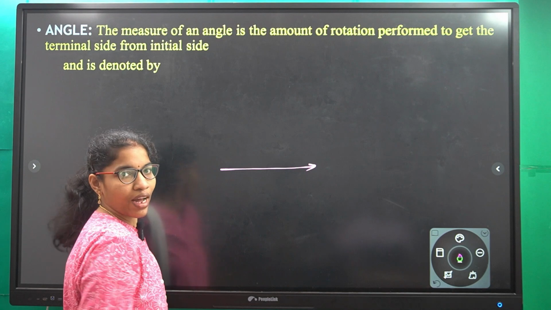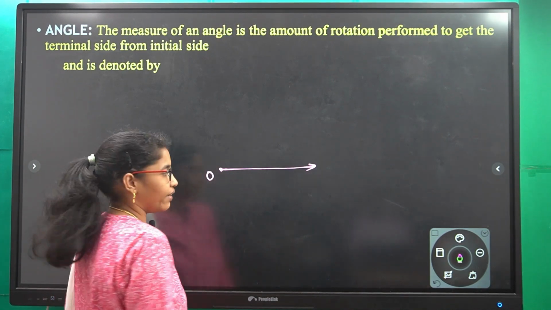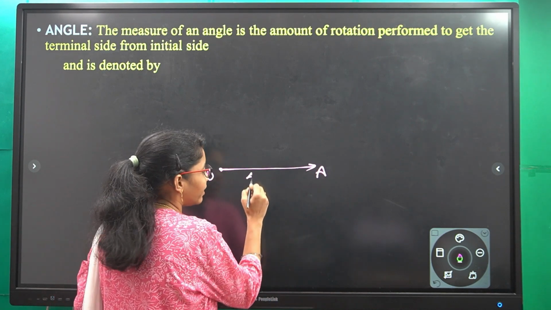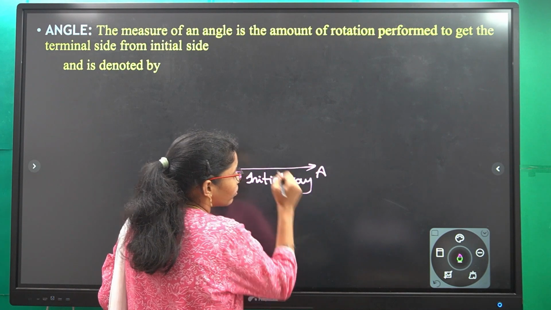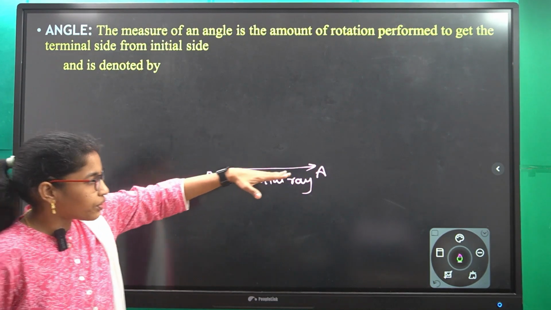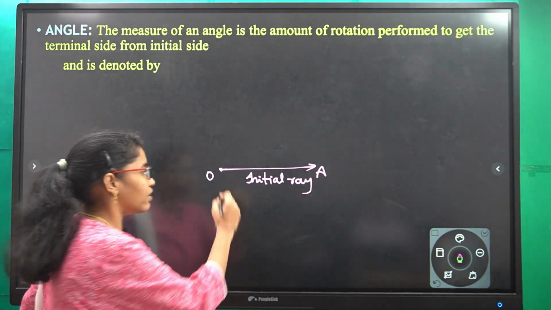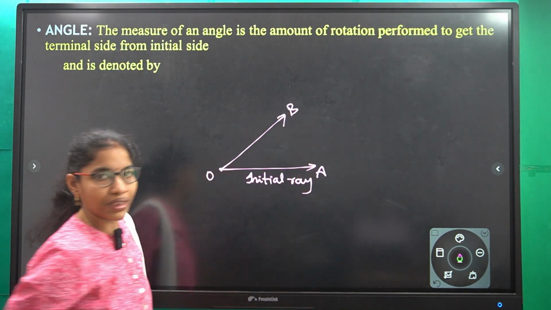Suppose you have two rays like this. I am taking one ray, O is the end point of this ray and OA gives the ray. You can call it the initial ray. Suppose you rotate this ray from this position to some other position like this, I am taking it as OB.